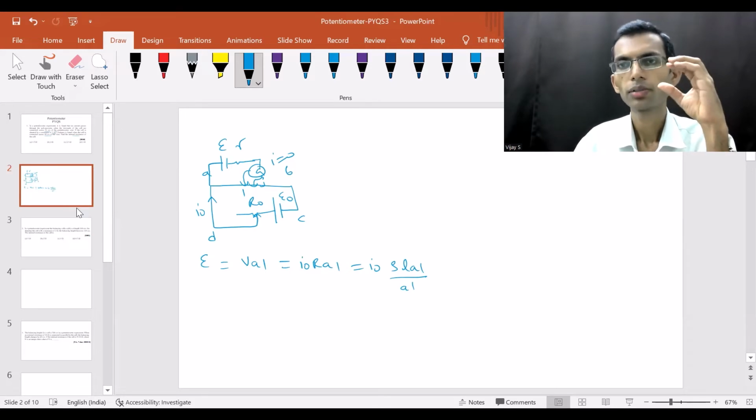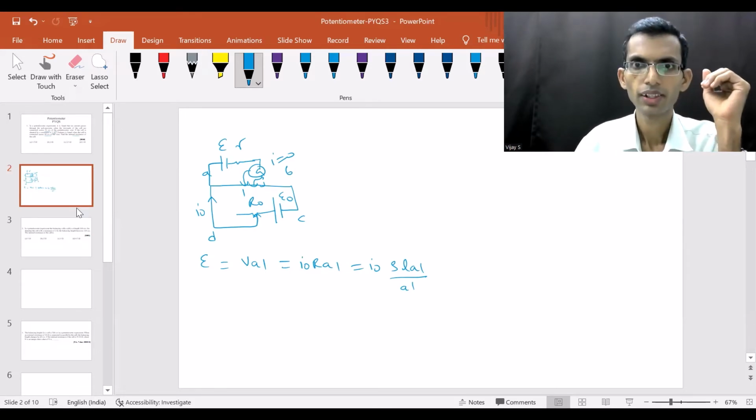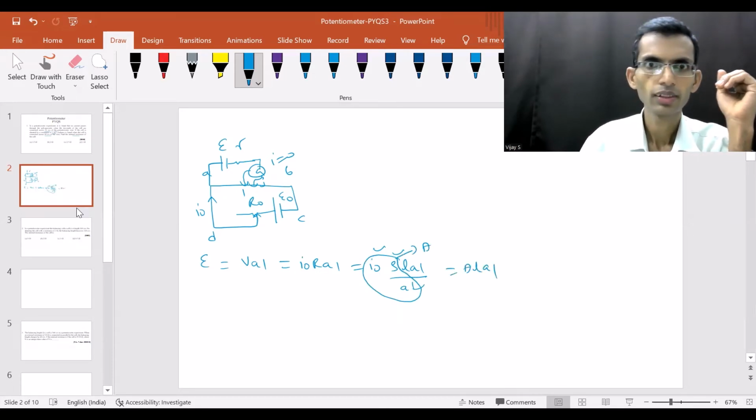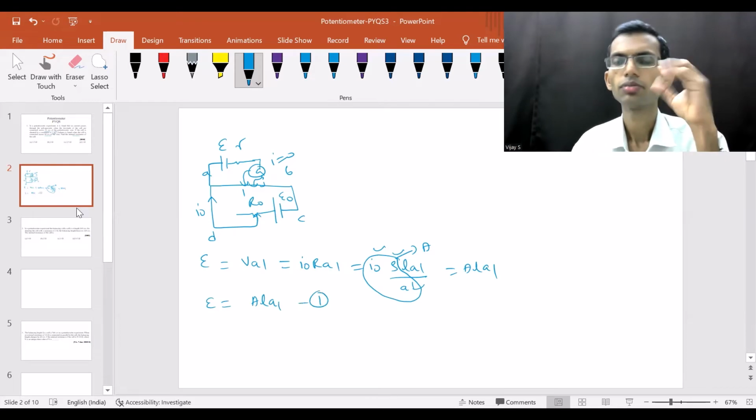Here LA1 is nothing but the balance length. So here I0, rho, A dash are constants. Let us say I0 rho by A dash is a constant A. So that means E becomes equal to A into LA1. Let us take this as equation 1.